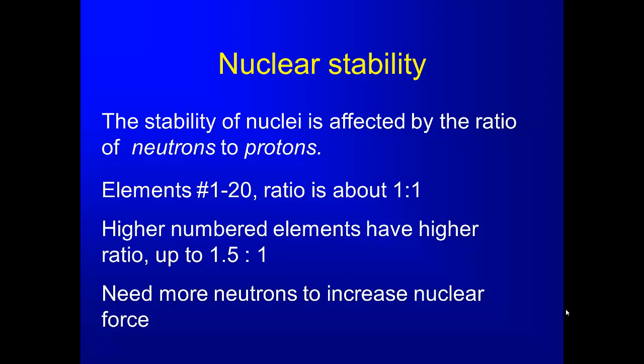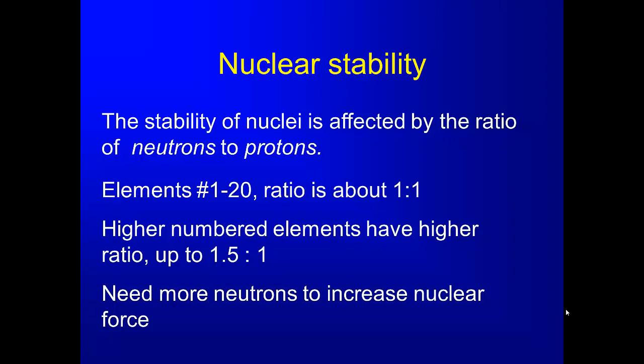So you have equal numbers of protons to neutrons. But what happens is, as you start putting in more positive protons, they are trying to repel each other. So neutrons actually act like a glue holding it together. So as you get more protons, you're going to have to get more neutrons. And up at your higher elements, you have that ratio that gets up to 1.5 to 1, meaning you have 1.5 neutrons for every 1 proton.